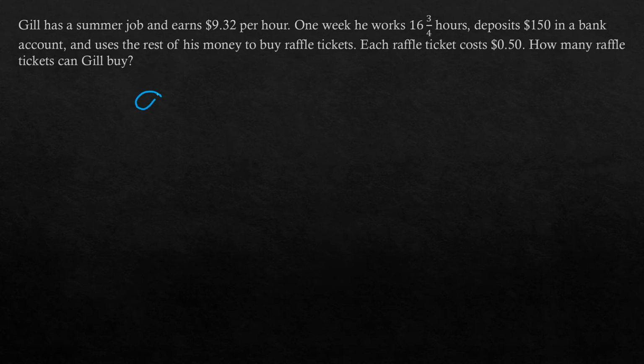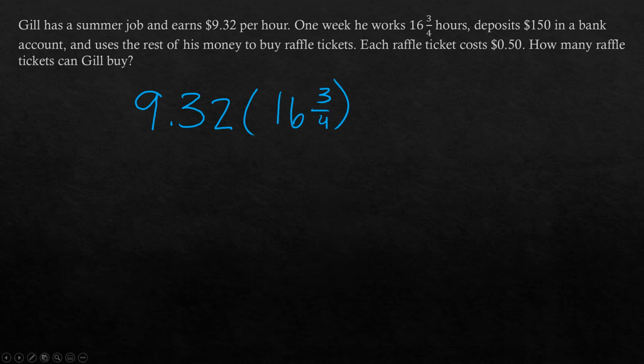Okay, well he makes $9.32 per hour, so let's multiply that by the number of hours he works, so 16 3/4. So let's multiply that in a calculator. 9.32 times 16 3/4. So this tells me that he made $156.11.